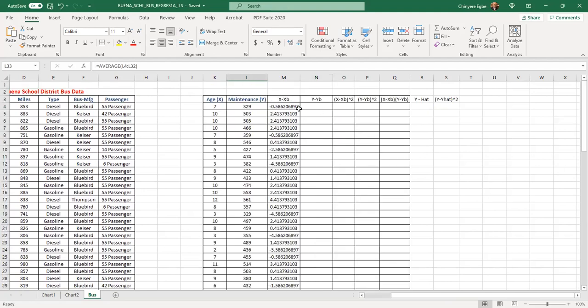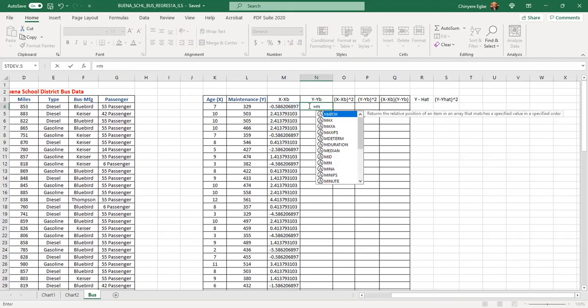And so we do the same thing here. So this equals M4, no, I'm sorry, L4 minus $L$33.